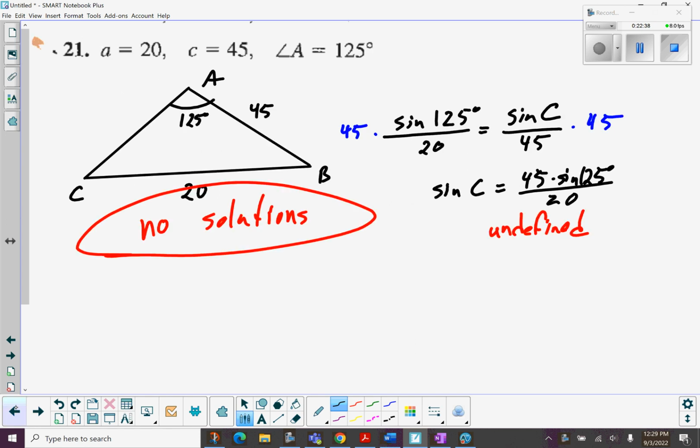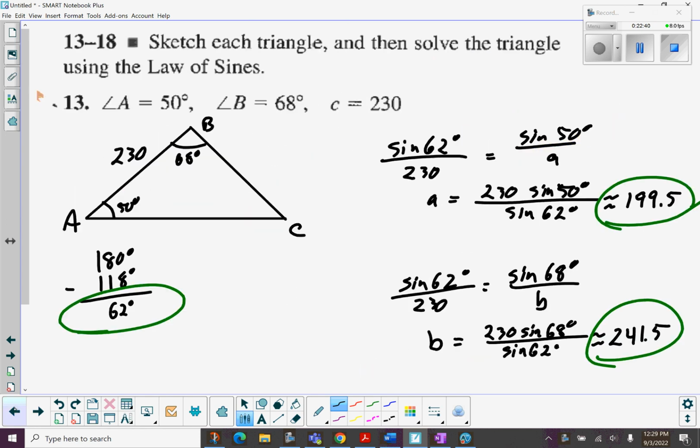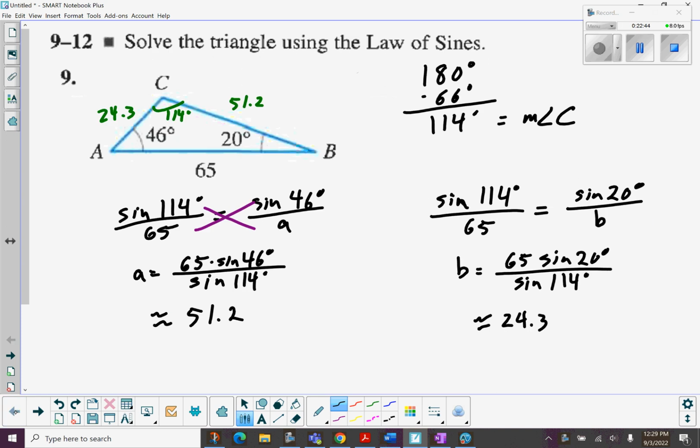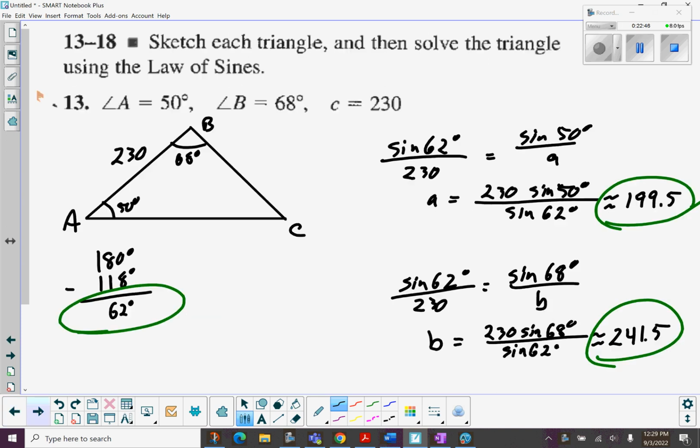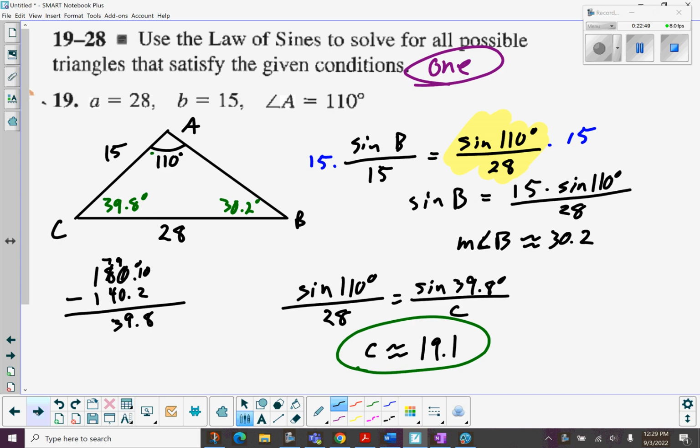Now if we go back, I think I went back too far. Yes, I'm sorry, for number 19. That one angle that we were given was obtuse. We did the inverse sine and found, again, the principal value here is always going to be, through your calculator, something that's in quadrant number 1.